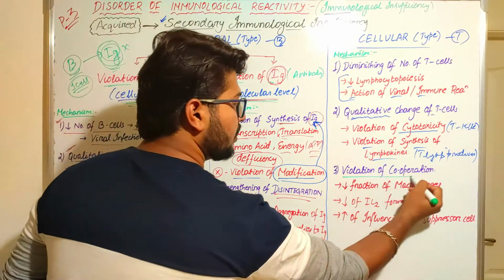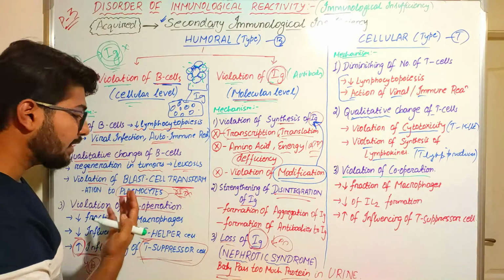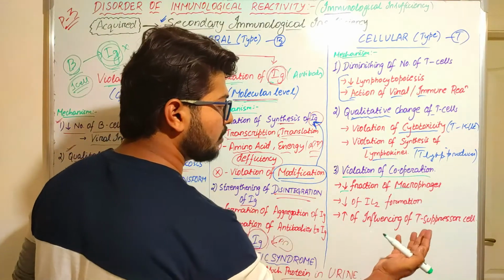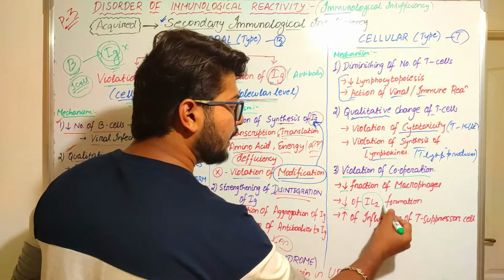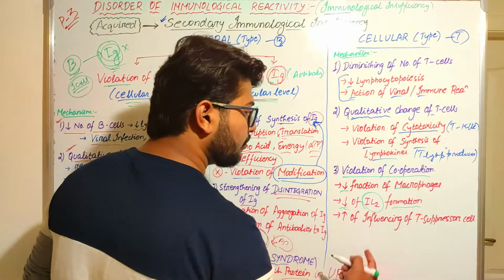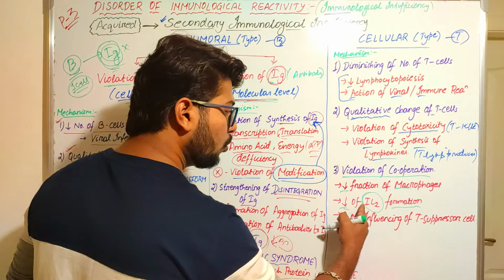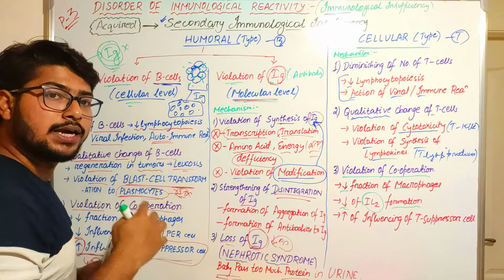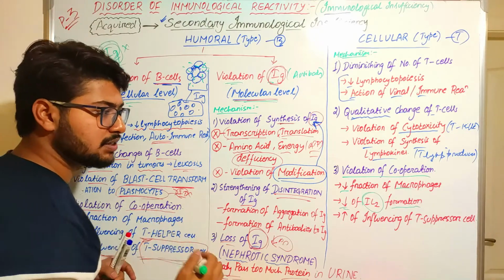Then comes the violation of cooperation. In the same manner, there will be a decrease in the fraction of macrophages, and a decrease in interleukin 2 formation, because interleukin 2 helps the T cell produce a more effective action.